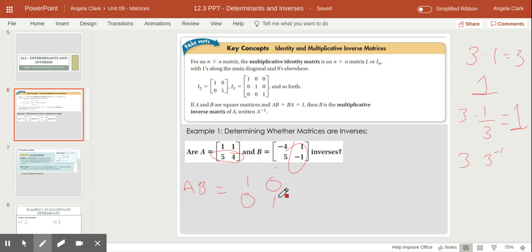So this is, in fact, the identity for a 2 by 2 matrix, which means that these two are, in fact, inverses. So that's how we figure out if two matrices are inverses. We just multiply them together, and if we get the identity, then they are inverses.